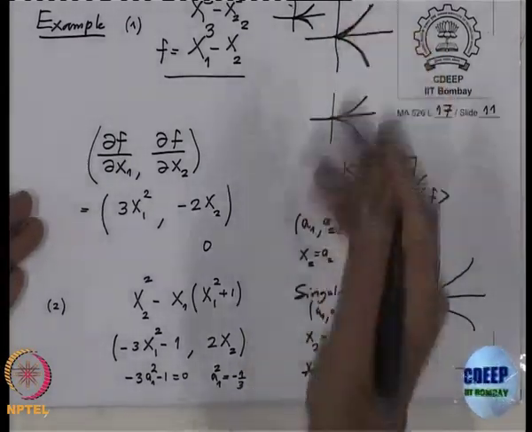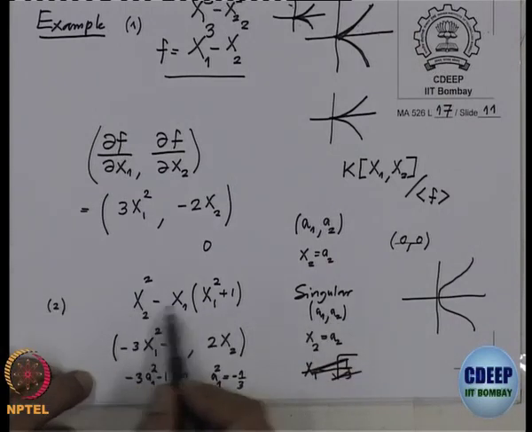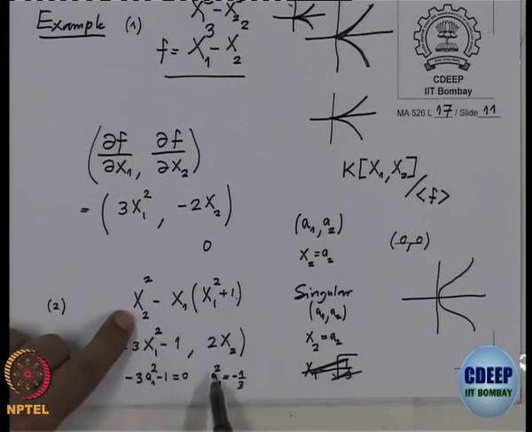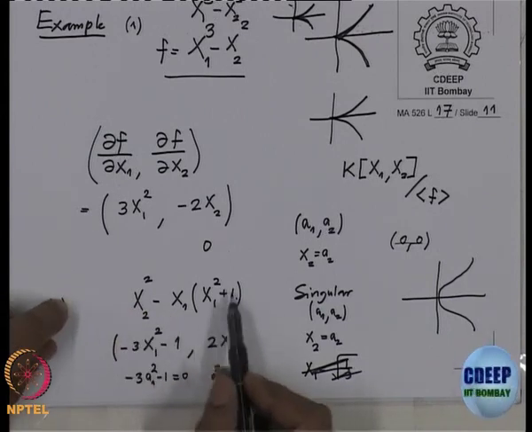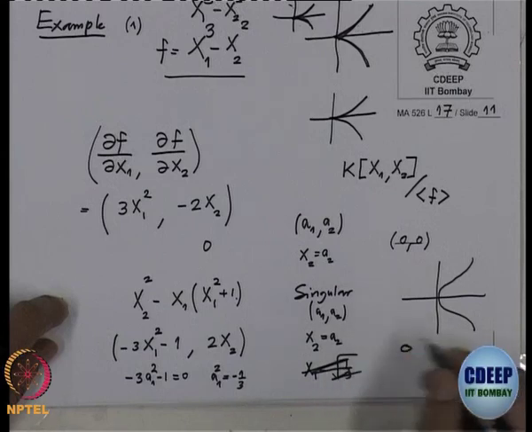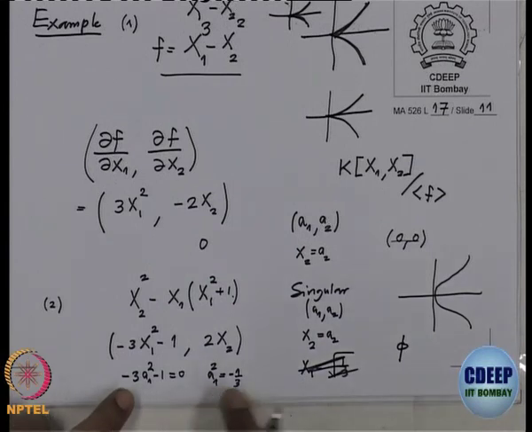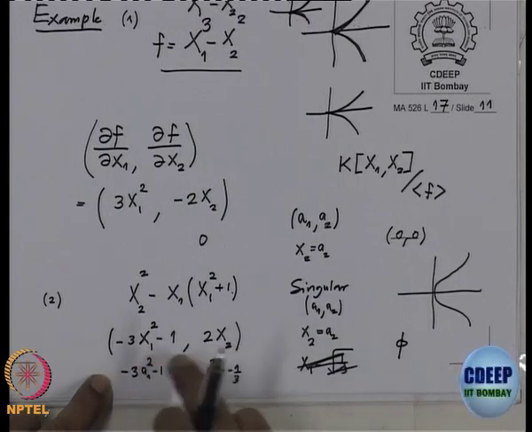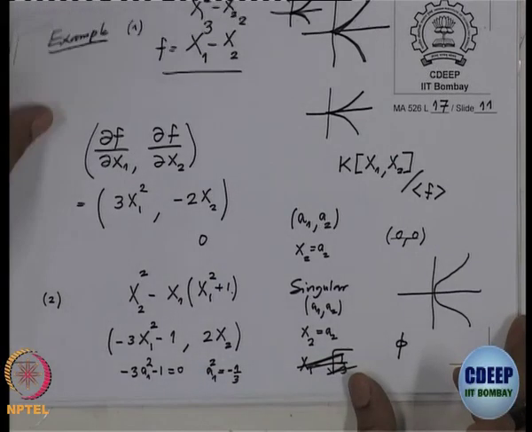Even if you would have worked with complex numbers, this point will not pass through this curve, because when you put a1 here and a2 there, what you get is not 0. So, nobody is singular, therefore the singular locus is empty. Just check that this solution, which we got by taking the Jacobian matrix to be the 0 matrix, does not pass through the curve. Therefore, it has no singular points.